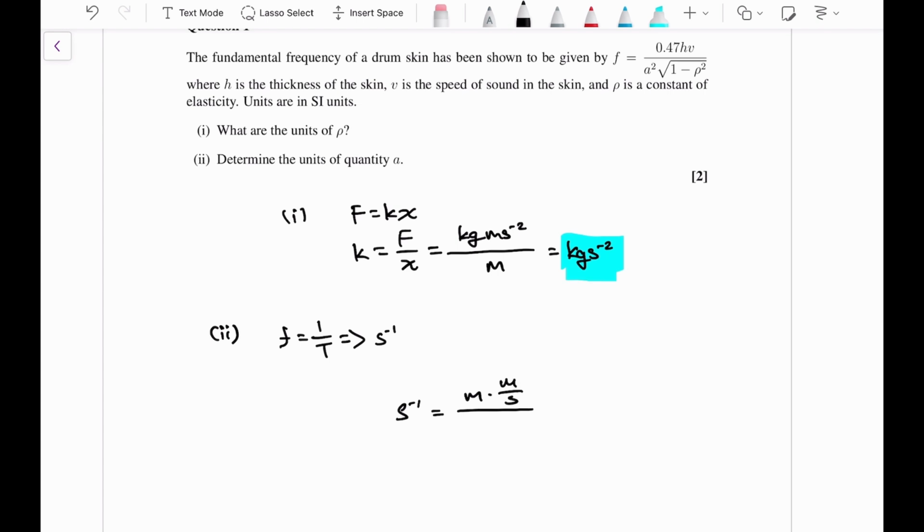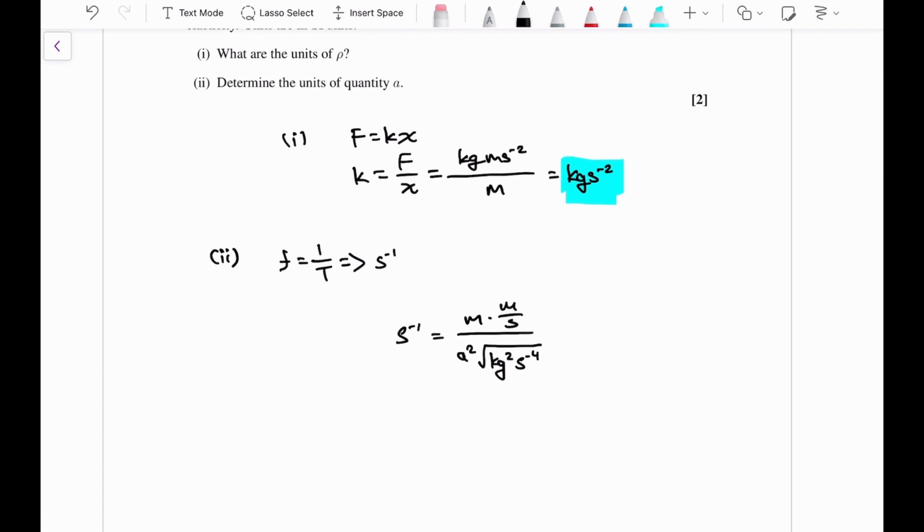Now down there it's a squared, which is what we want to know. And then in the brackets is 1 minus rho squared. So basically the units of it will be kg squared s^-4. And then we can solve for a. So we can bring it over to the other side.